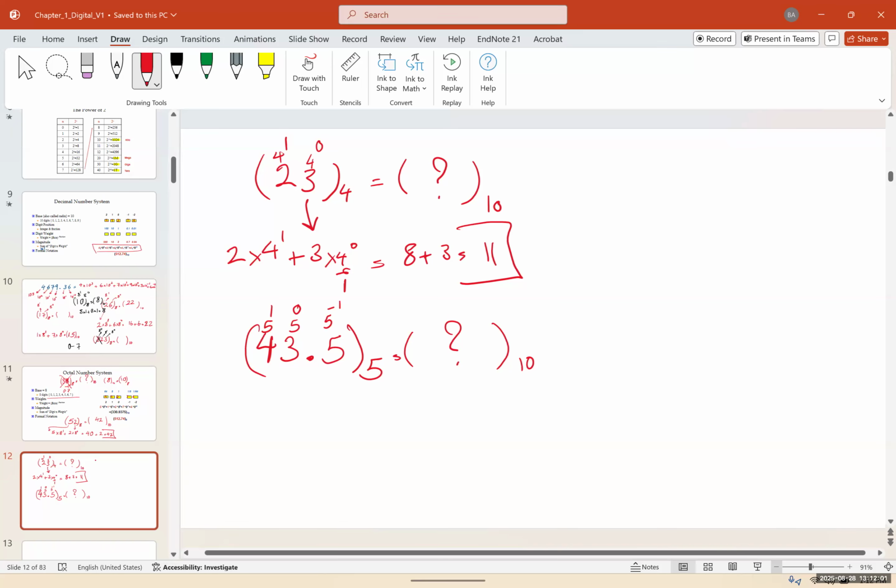Does anyone have the answer? So 4 times 5 to the power of 1 plus 3 times 5 to the power of 0 plus 5 times 5 to the power of -1. So this is going to be 20 plus 3 plus 5 times 1 over 5.